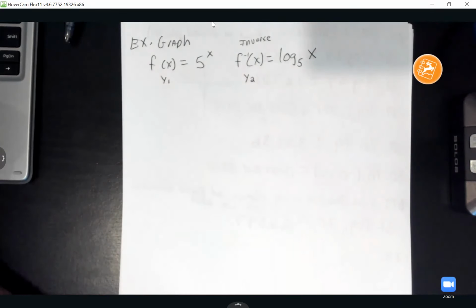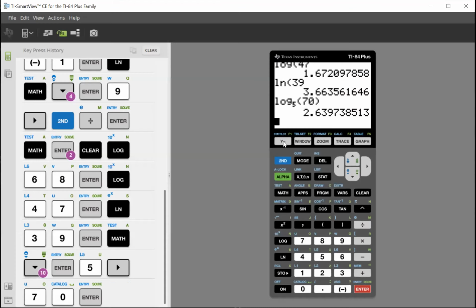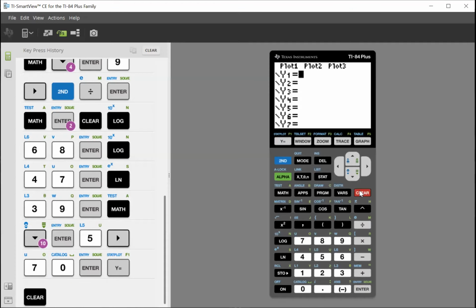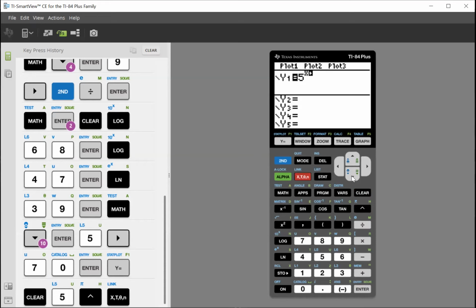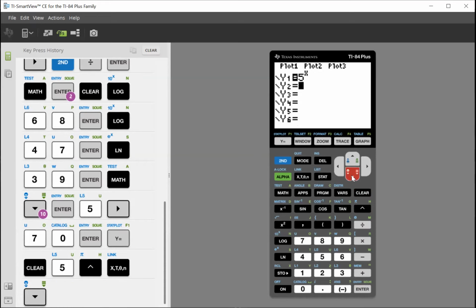So I'm going to go to my calculator, go to y equals and clear this out. In y1, I would put my 5 to the x, so 5 exponent x. Now we know that that graph is going to go uphill, left to right, because that 5 is greater than 1. The other one wanted me to do log base 5 of x.